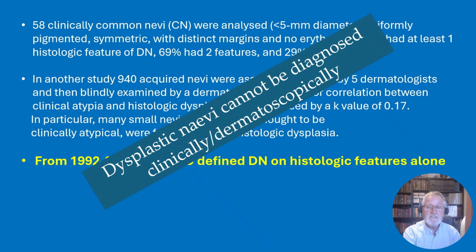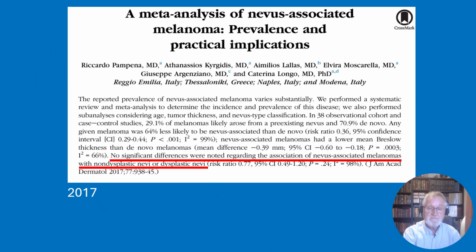And since 1992, the WHO has defined dysplastic nevus on histological features alone. It cannot be diagnosed clinically and dermatoscopically. And in 2017, there was a meta-analysis which showed that there was no significant difference noted regarding the association of nevus-associated melanomas with dysplastic or non-dysplastic nevi.